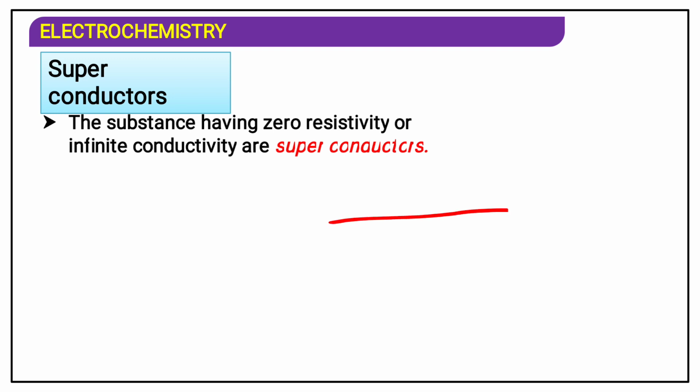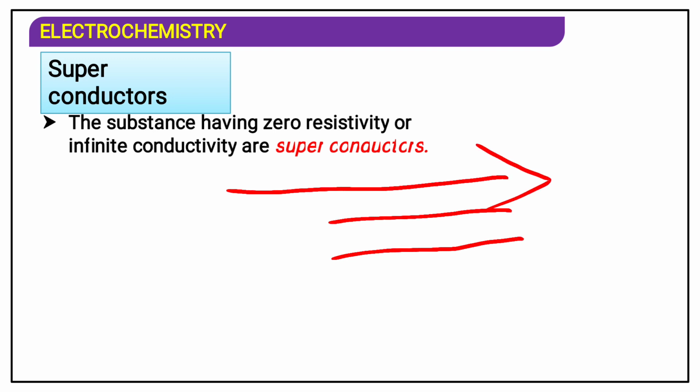See, this is some of the material, this is the superconductor. The electricity will conduct continuously. There is no opposing of the conductivity of electricity. Such a type of material is called a superconductor.